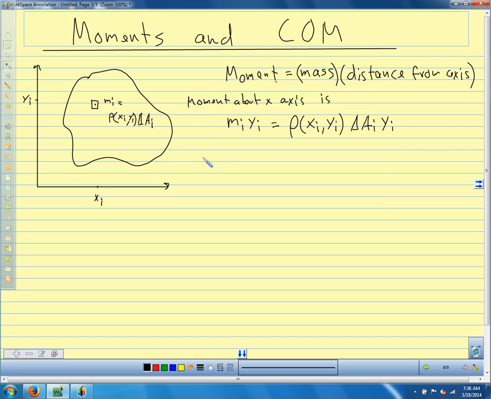And the moment about the y-axis is just going to be that little mass, m sub i, times its distance from the y-axis, which is x sub i, and that's our density.